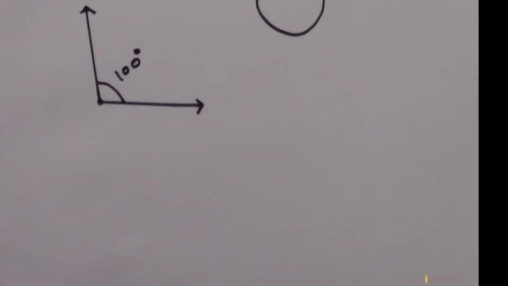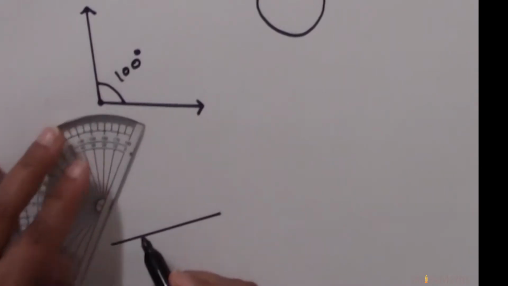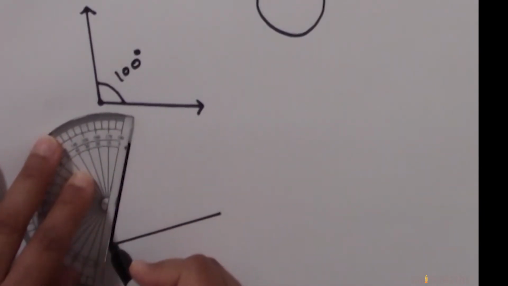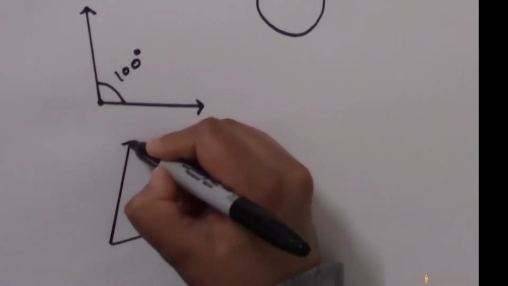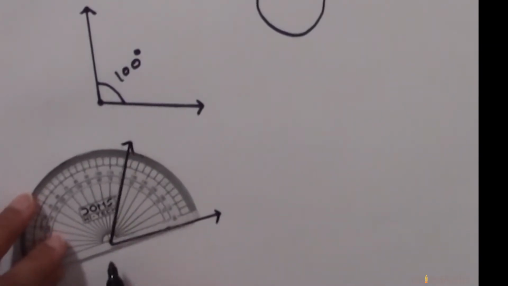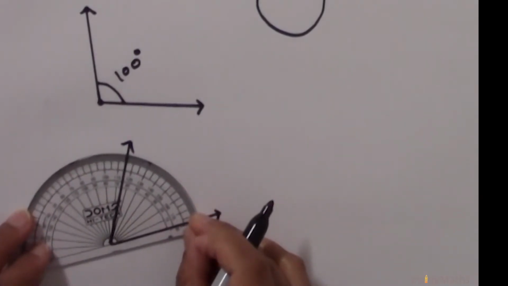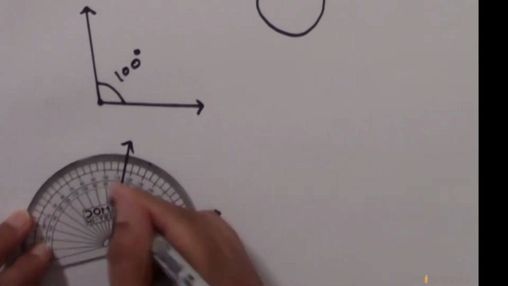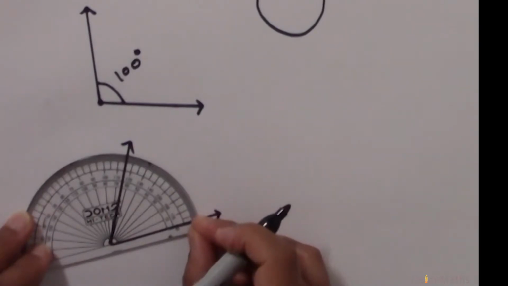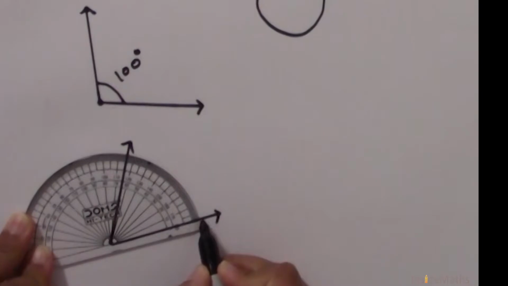And the other way also, let's say we are given some angle, I'll draw some random angle. Now to measure this angle, again I have to place the middle point of the protractor on the endpoint of these two rays and match this line with this black line.